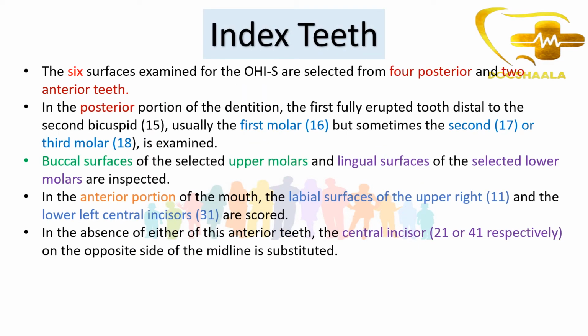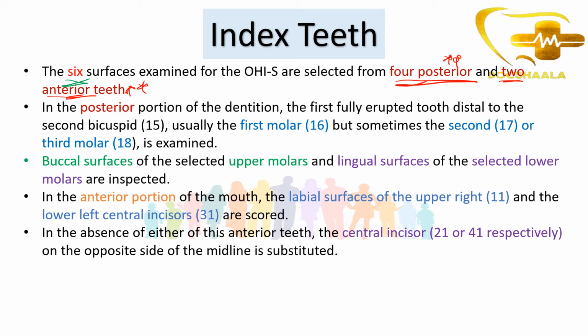Then the index teeth. We use 6 surfaces, as I have told you before. The index teeth examined for OHIS are 4 posterior teeth and 2 anterior teeth. So what are these posterior and anterior teeth? In the posterior portion of the dentition, it is the first fully erupted tooth distal to the second bicuspid.